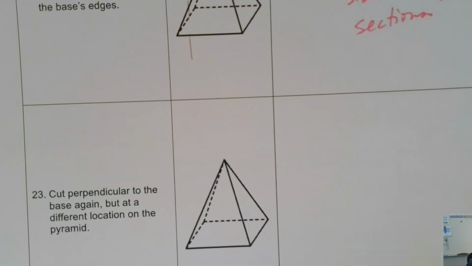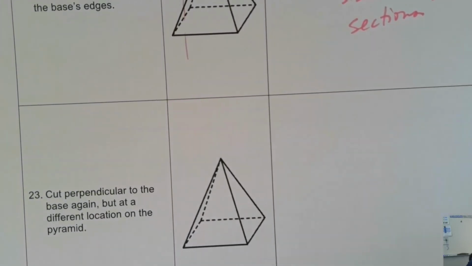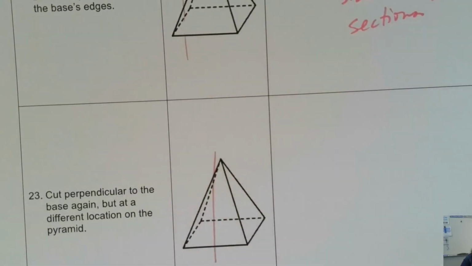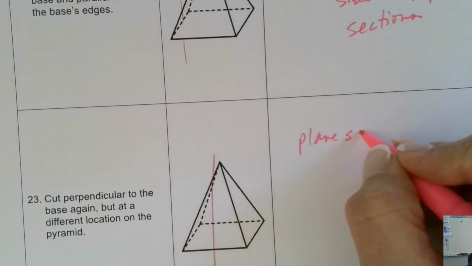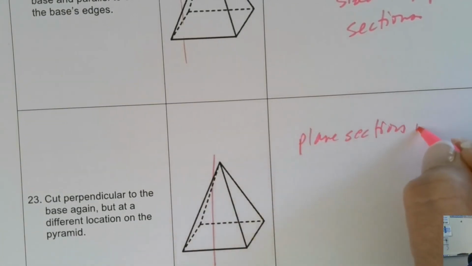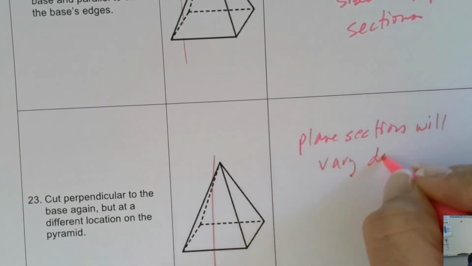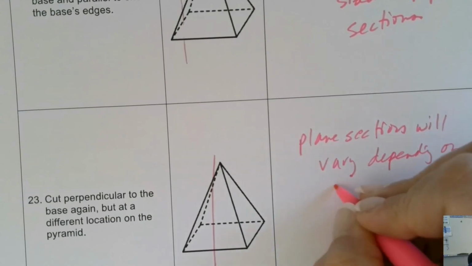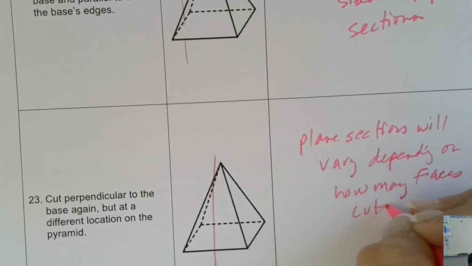Cut perpendicular to the base, but at a different location on the pyramid. So there's one option. The plane sections will vary depending on how many faces are cut into.